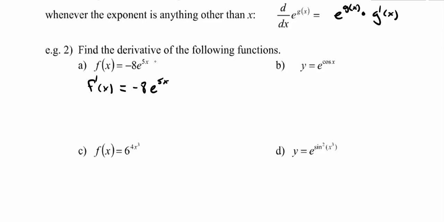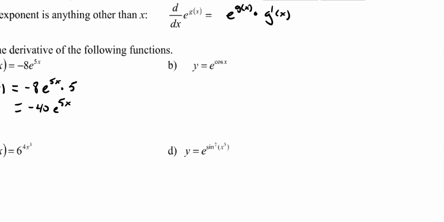Perfect. But then don't forget, we have to take the derivative of the exponent as well, like the inside of the chain rule. So the derivative of 5x would just be 5. So that's equal to negative 40 e to the power of 5x. And done.